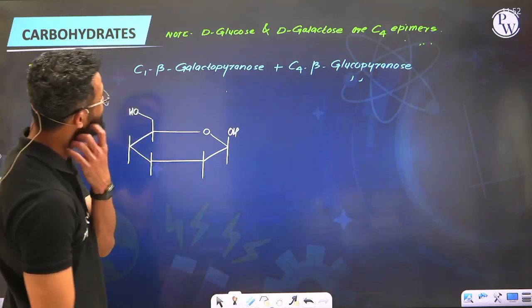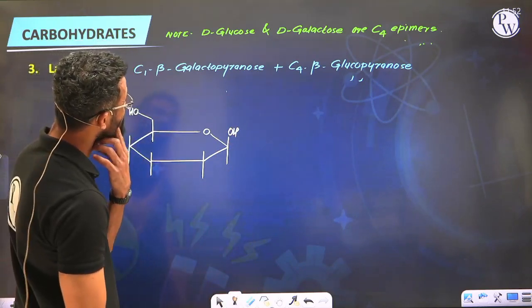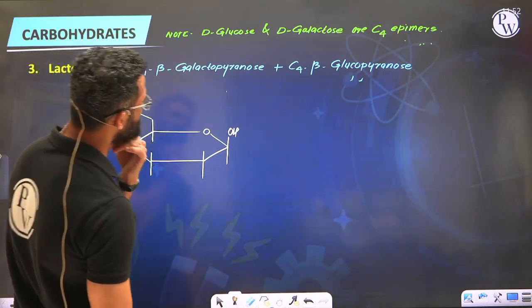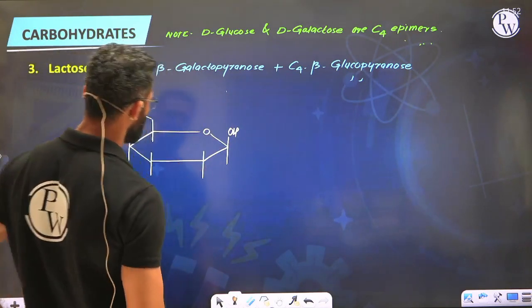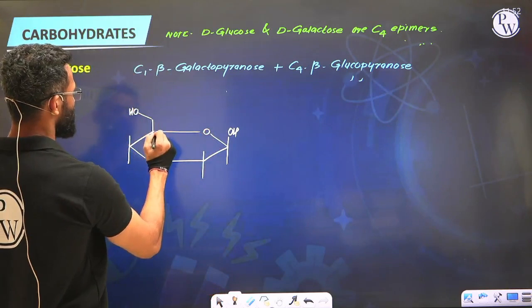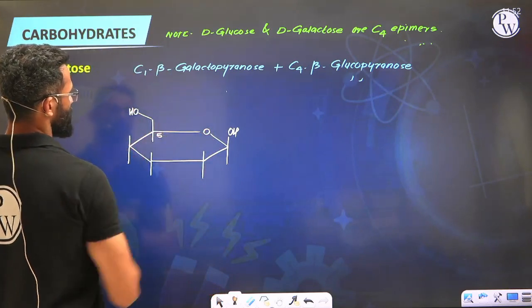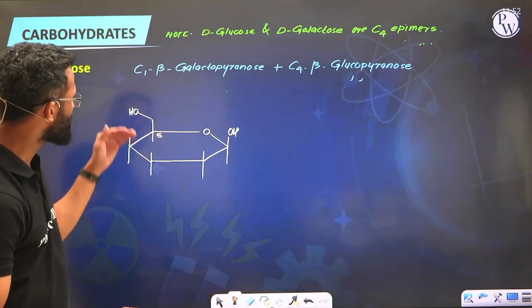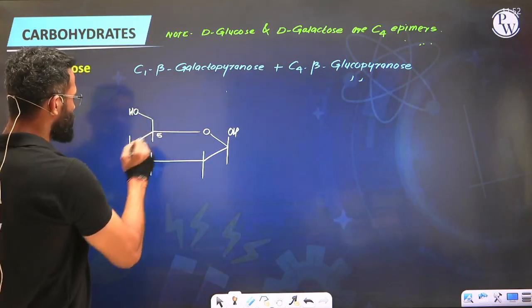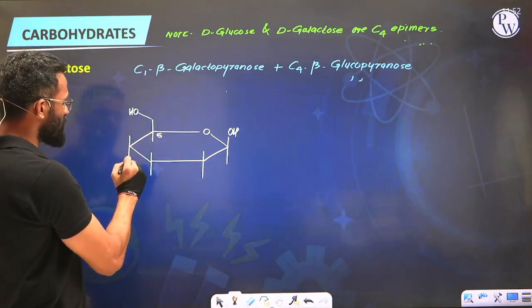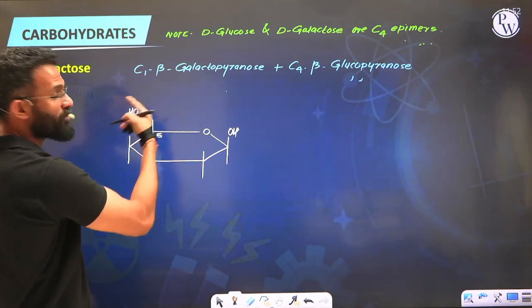Is it right? C1 and C4 beta. Okay, yes, CH2OH and OH on the same side. Now that's your carbon number 5. Now see, in case of glucose, we say right, right, left, right. But at the fourth carbon, in case of glucose, if OH is to the right, in galactose it should be above the plane.